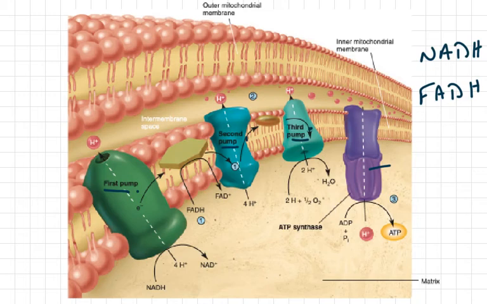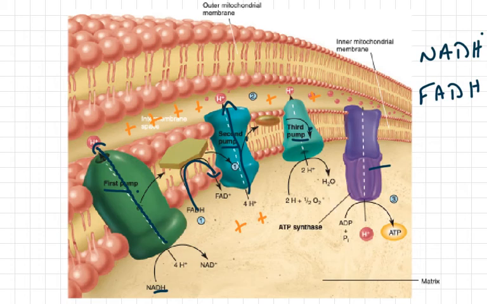As the hydrogen ions are reduced from NADH, they are pumped from the matrix into the inner membrane space. What this does, through this entire process and the different complexes, is create a gradient. As these hydrogen ions are pumped from the matrix into the inner membrane space, the inner membrane space is becoming more and more positive than the matrix itself. And so this creates a gradient.